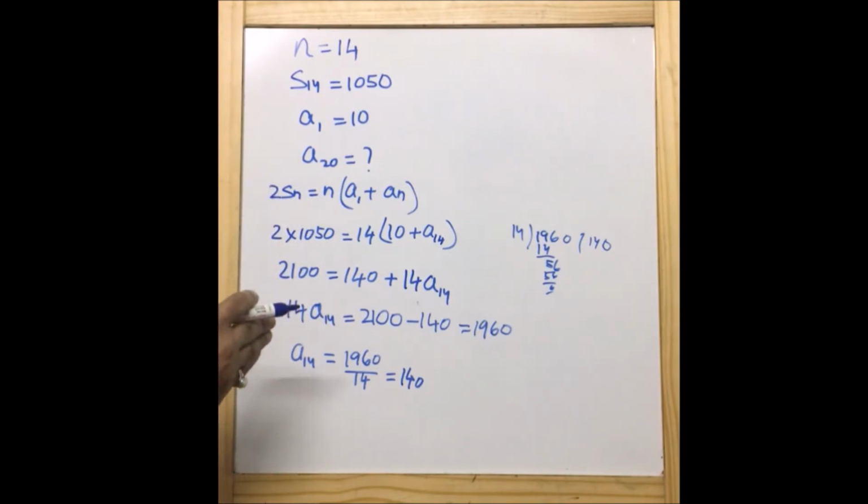Now what we need to do in order to find out the value of A20? First of all we need to find out the value of D, because the common difference is required. Without the common difference we cannot move ahead.